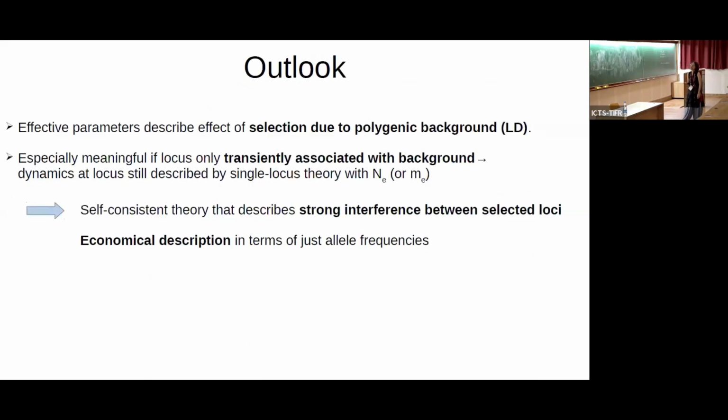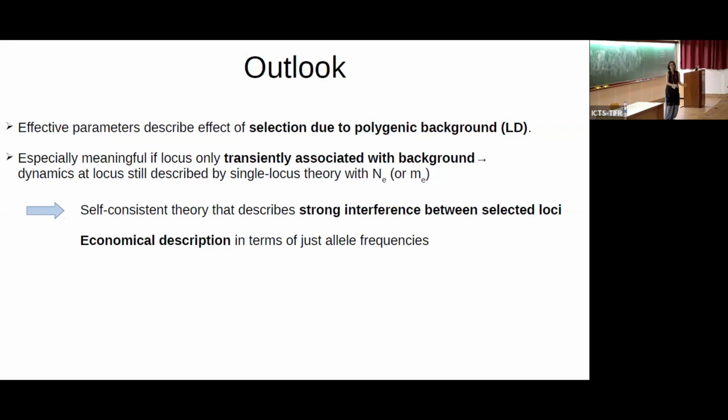So this kind of self-consistent theory basically allows you to get at regimes where there's a lot of interaction between loci. And to me, the nice thing is that these descriptions are very economical, because if you think about it, it's all based on allele frequencies, yeah? Because I'm just using Ne to predict allele frequencies, aggregating across these to predict trait values and trait variances.